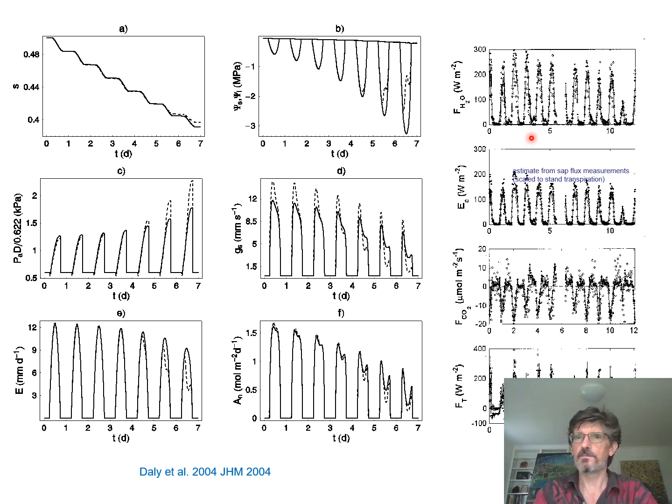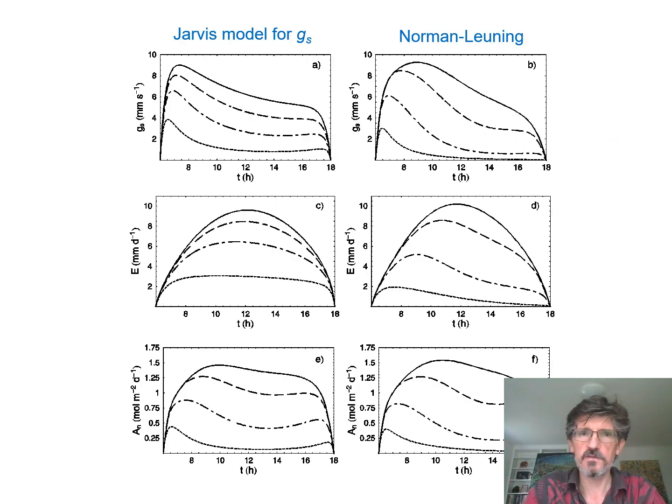These are the 12 consecutive days that we saw at the beginning of the previous lecture, not this one, that were measured at the Duke Forest, and you can see that the trends are generally well reproduced.